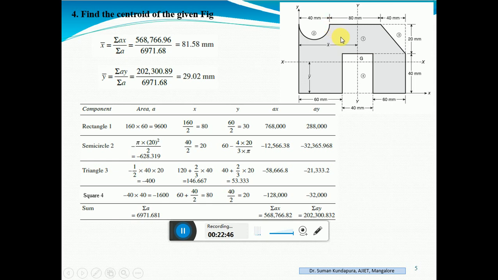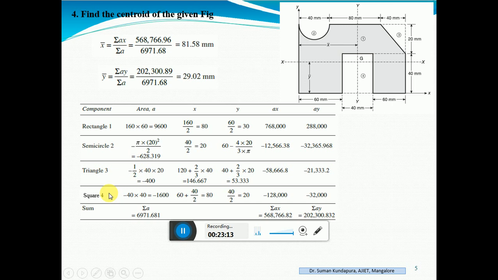It is you, or whoever solves the problem, who has to identify each figure. So I have identified the rectangle to be 1, the semicircle to be 2, the triangle to be 3, and actually this is not a rectangle, this is a square because it is given as 40 by 40. It looks like a rectangle but see the dimensions, it is a square. So totally 4 figures here.